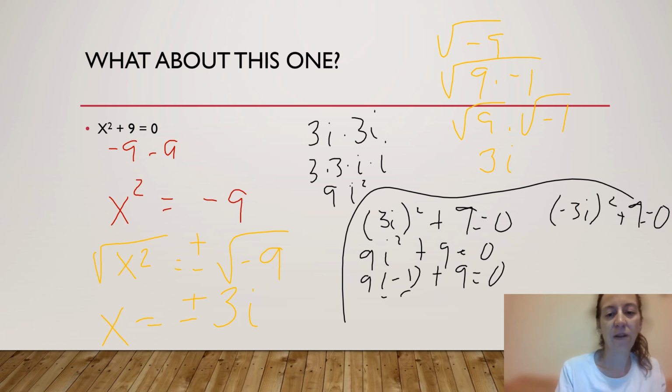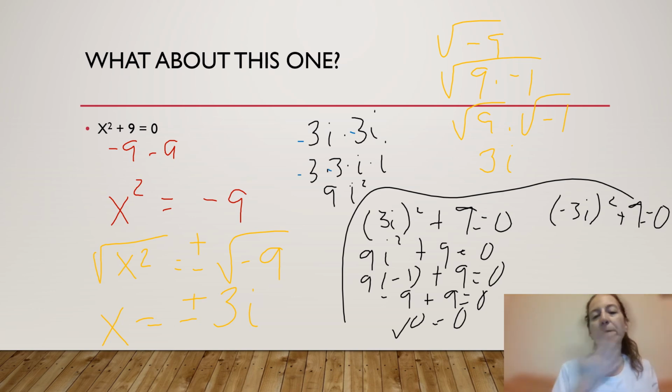And so you have -9 plus 9, and it is 0, and it makes the equation true. And the same thing would happen with the -3i, because -3 times -3 would give you +9. So both the positive and negative 3i work on that one.